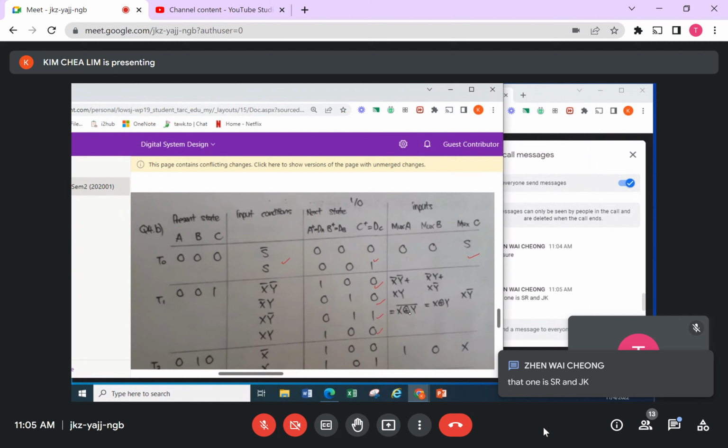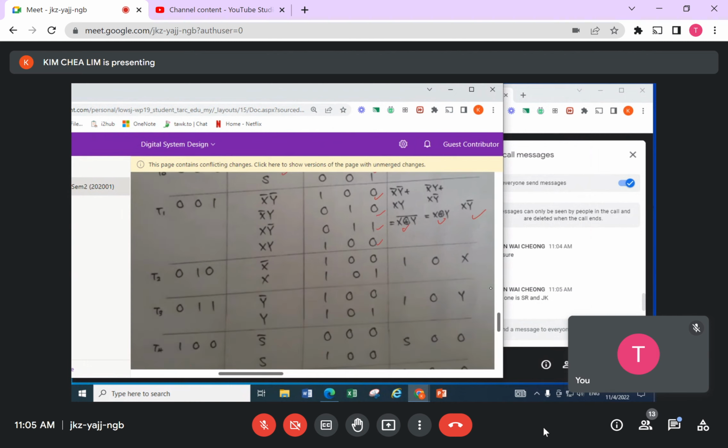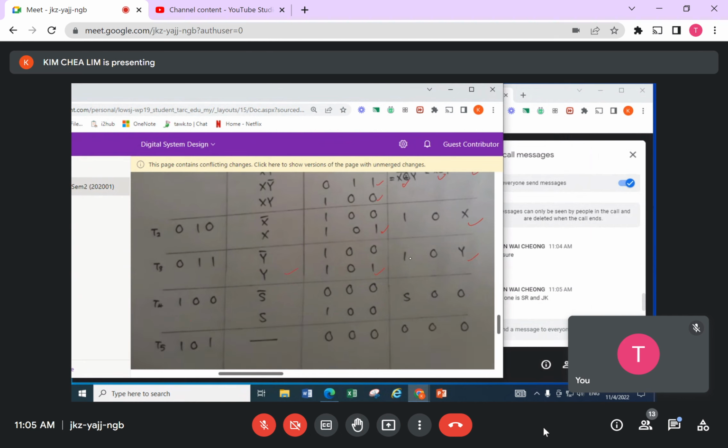So this one here, XOR, XY bar. 010, X 100, 101, 10X, 10Y, 100, 101. X00. This one, no conditions. I need to go back. Yeah, this table here is correct.